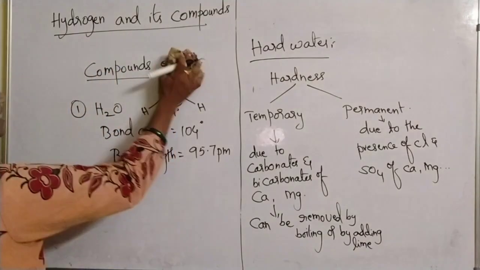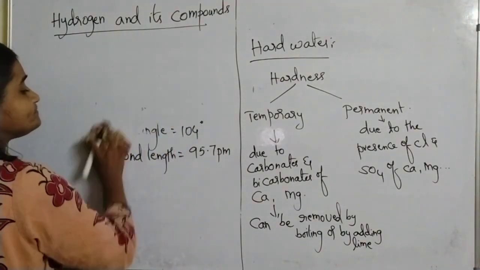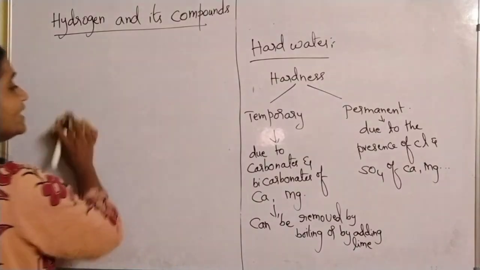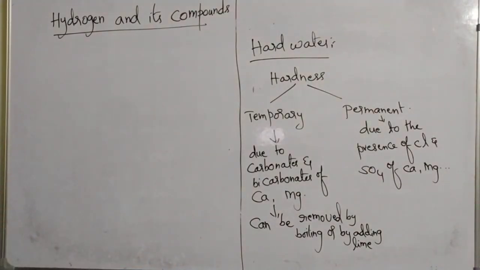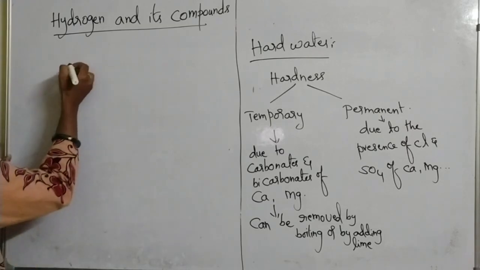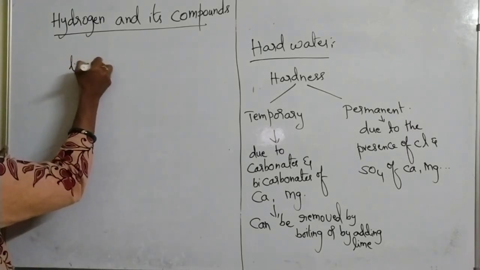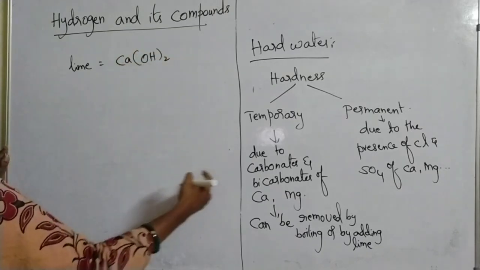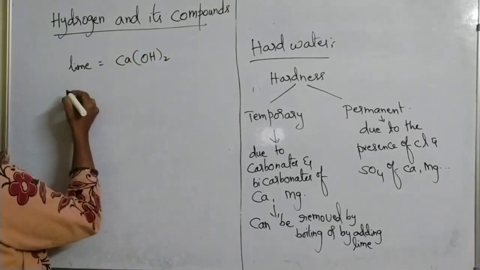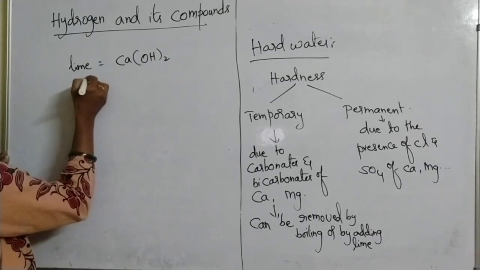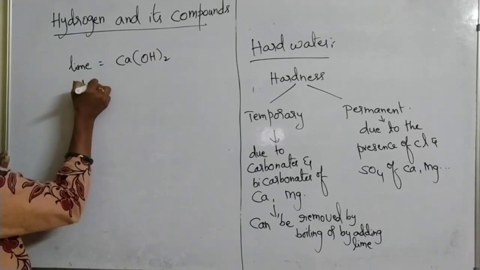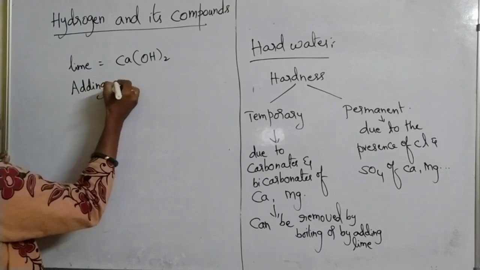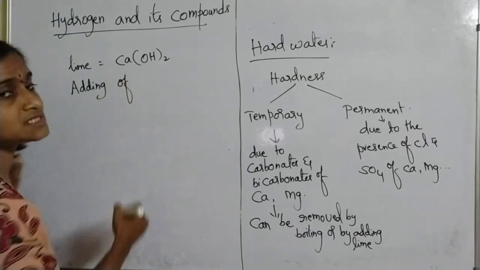I'll just write this side. By adding lime, you can remove that temporary hardness of water. Lime is calcium hydroxide. If you add this calcium hydroxide, the hardness of the water can be removed. And this process, adding lime to remove the temporary hardness, you call as what?